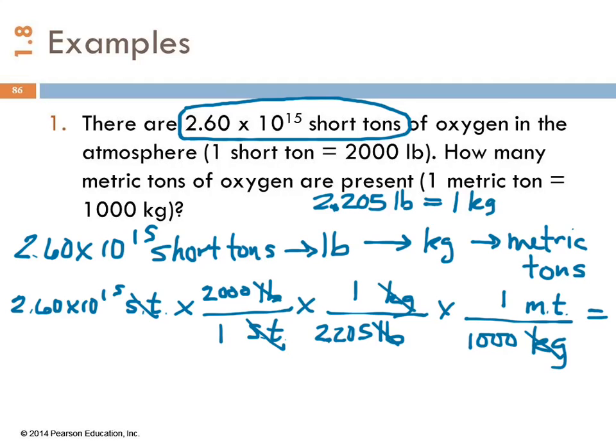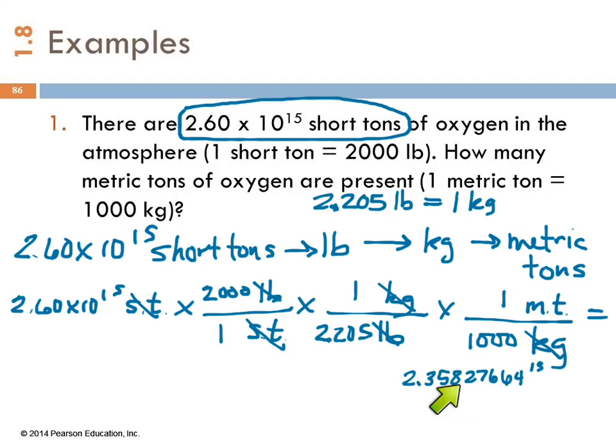So let's see if I can do that. 2.6 EE15 times 2,000 divided by 2.205 divided by 1,000, and I get 2.35827666415 is what my calculator is showing me.